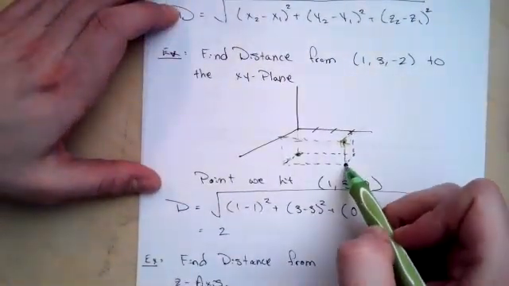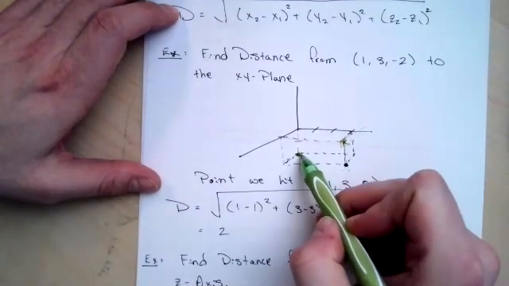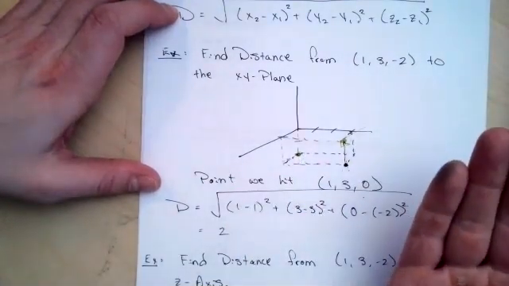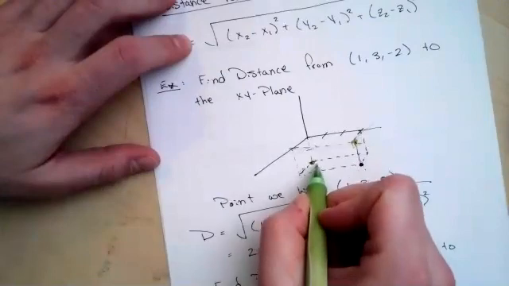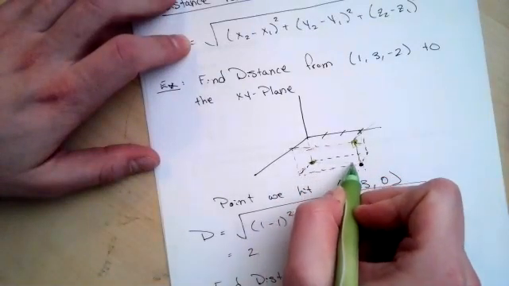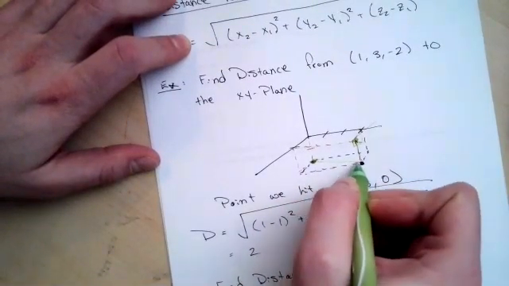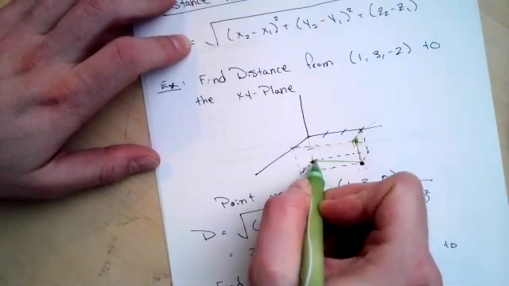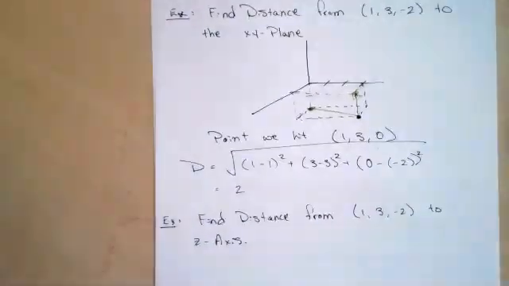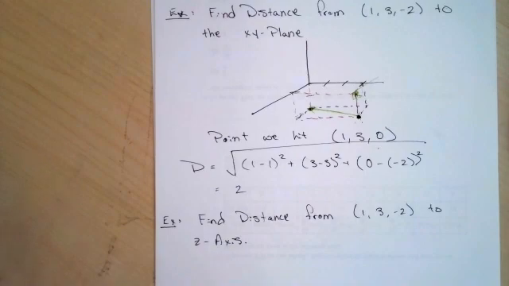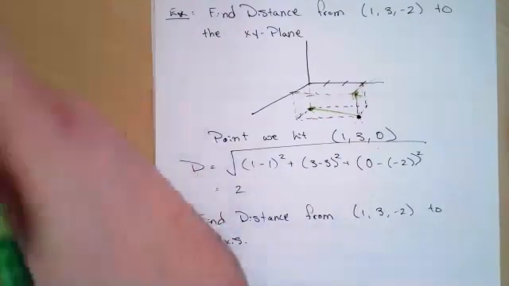So if we want to walk from our point here to the Z axis, we want to walk the shortest distance. It's going to be a straight line from our point to the Z axis. Well, what's changing if we walk in this direction? The Z coordinate is going to stay exactly the same. We don't want to walk up and down on the Z axis.